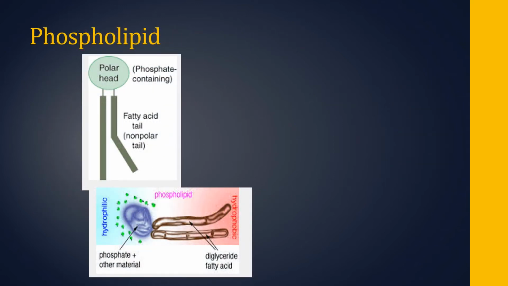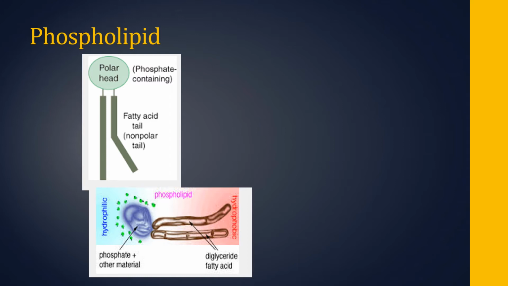Notice in the figure that each phospholipid is diagrammed as a head with two tails. The phosphate group in each phospholipid makes the head polar. The polar head is attracted to water because water is also polar.